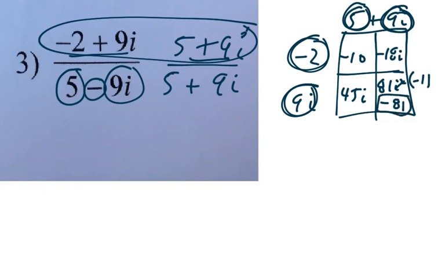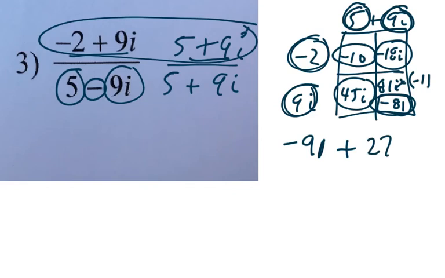So our numerator is going to be negative 10 with negative 81. That's negative 91. The negative 18i and 45i is a positive. You could use your calculator if you want to, guys. But that's a 27i, correct? 45 minus 18.